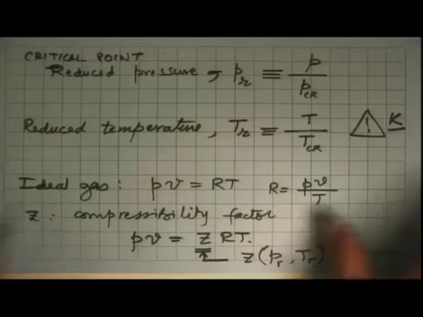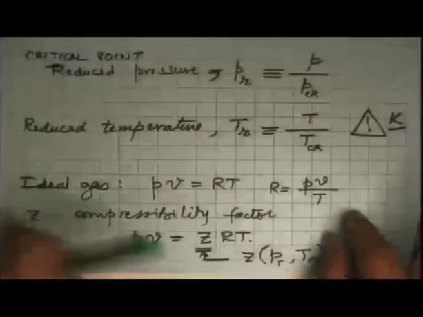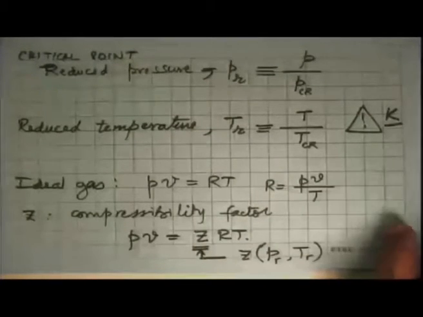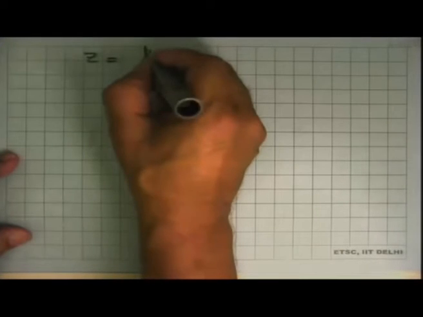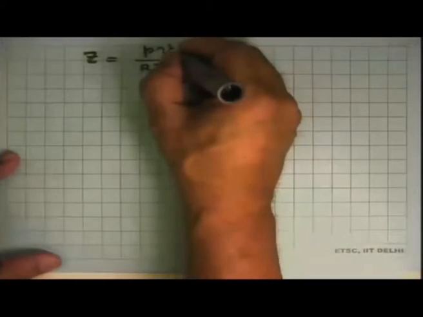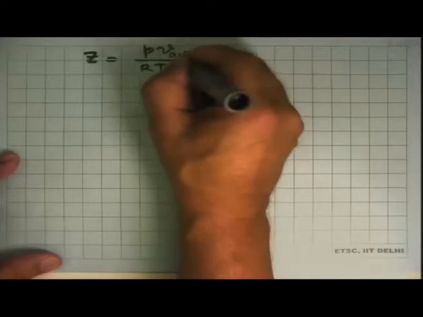Okay, so now what is Z? The thing that happens is we start with what Z actually is, PV upon RT. But now we should be clear that V that we are getting is V actual upon RT.